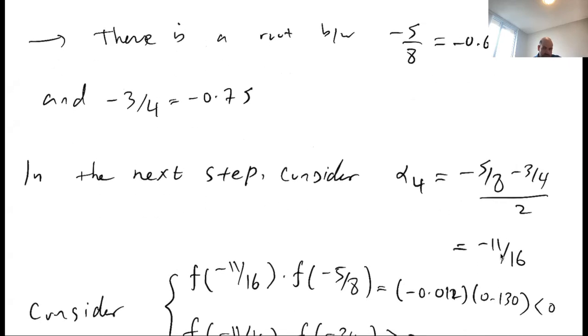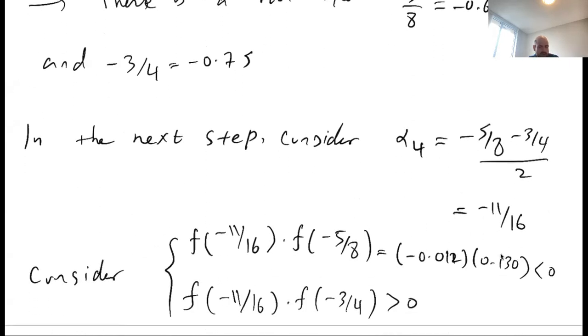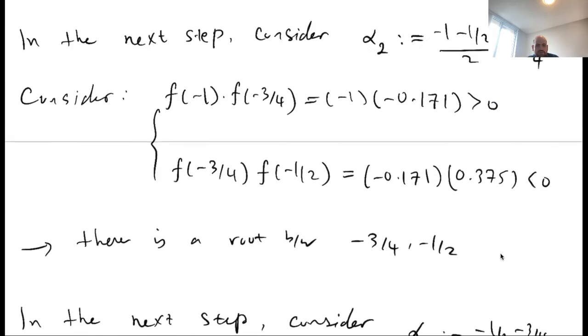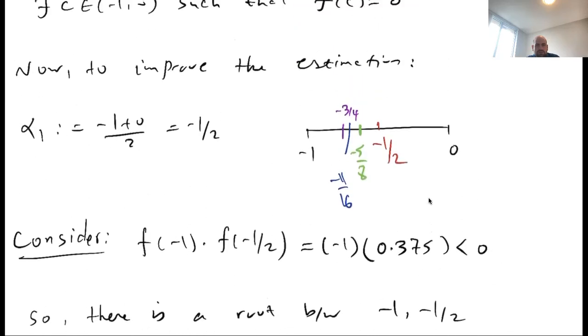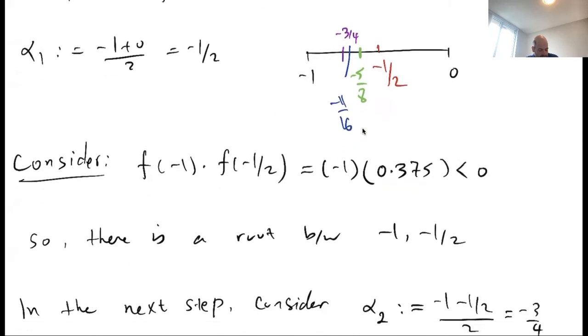So let's look at the picture again. We know that the root is between this purple one and this green one. So either it will be between this purple one and this blue one, or between blue one and green one. So we have to consider f of -3/4 times f of -11/16, and also f of -11/16 times f of -5/8.